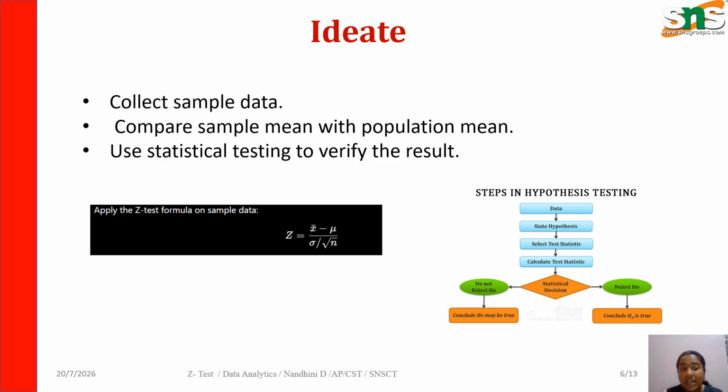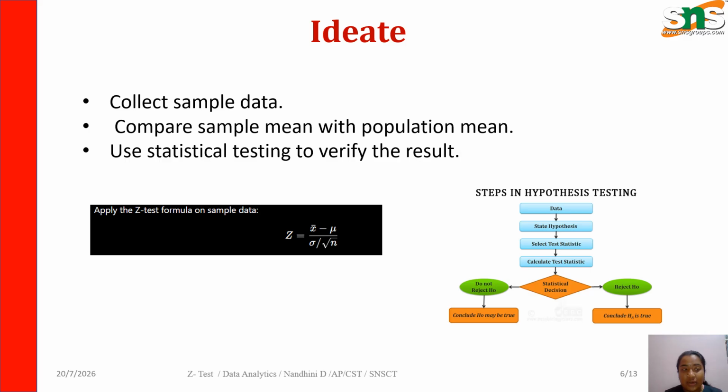If it is correct, it goes inside the test case, else it returns back. So we need to properly examine the statistical decision, whether it is concluded, accepted, or rejected. Likewise, we are going to see it.